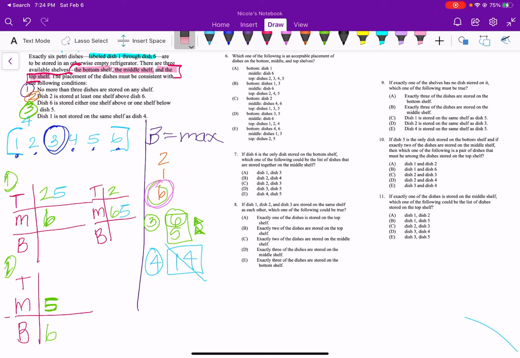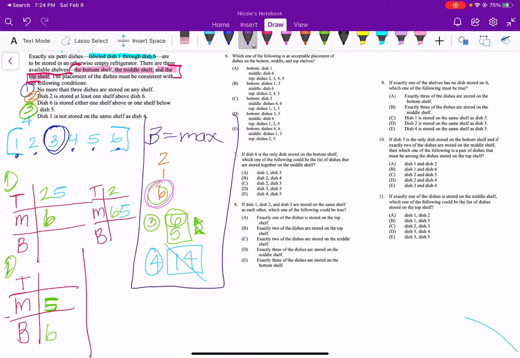So I'm going to make this a little bit smaller. Here are our rules. Top, middle, bottom. We have 5 and 6. And so in one of them, we could put 2 on the top, and in the other one, we could put 2 in the middle.